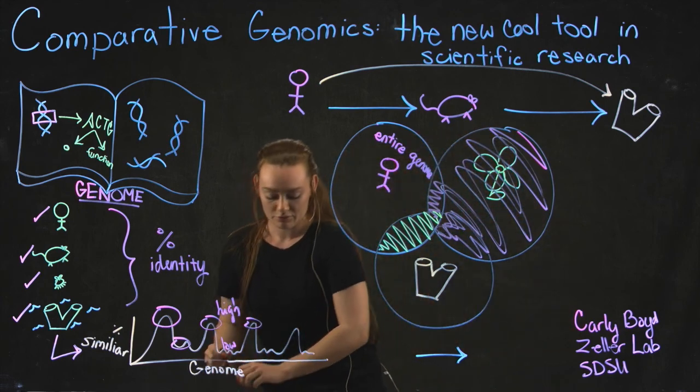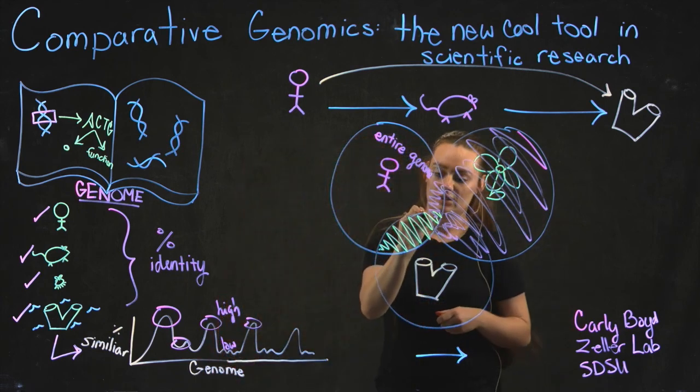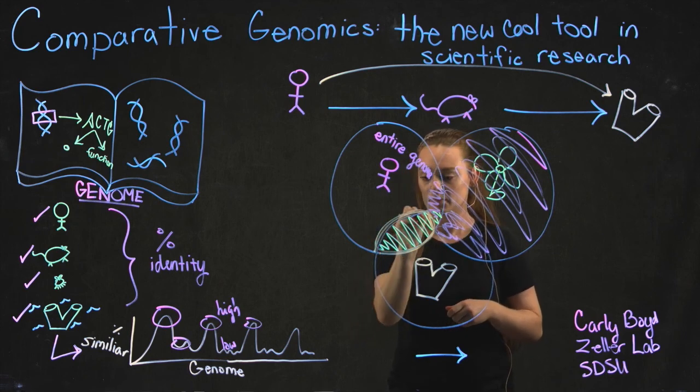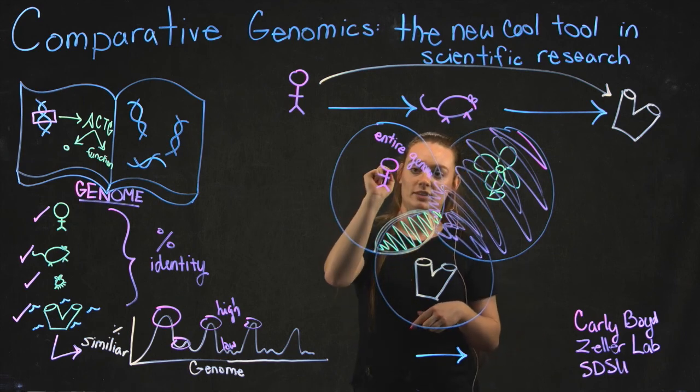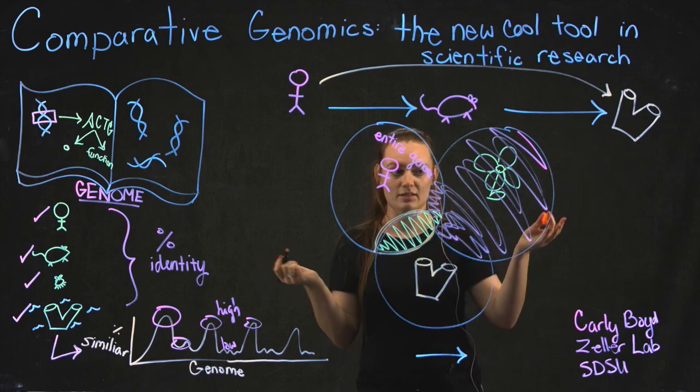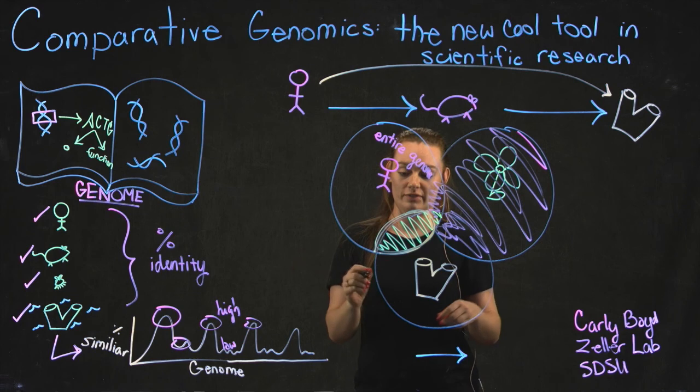So then you're left with this chunk of the genome that are similar between the human and the sea squirt and do not include anything that wouldn't be for sensory neuron development or neural development.